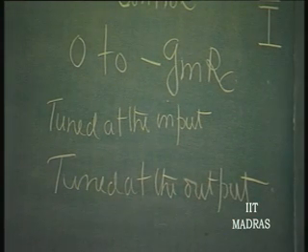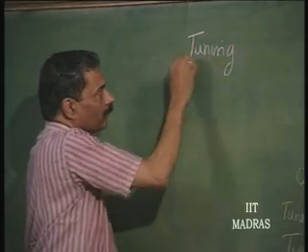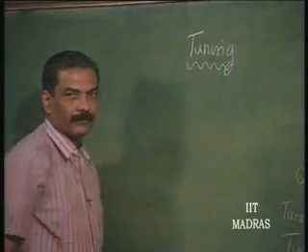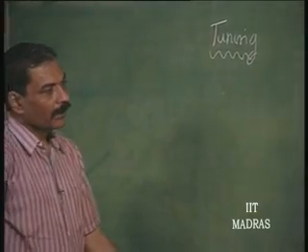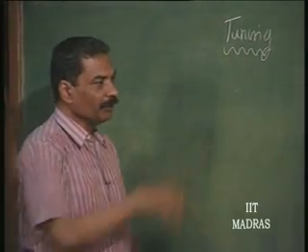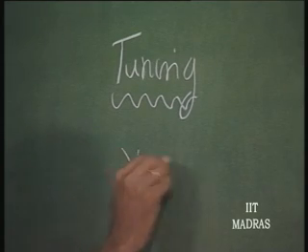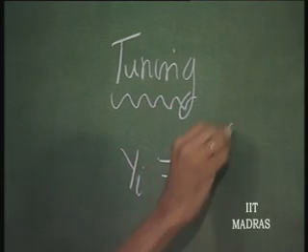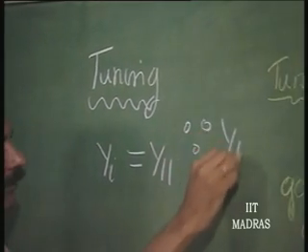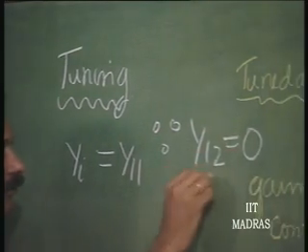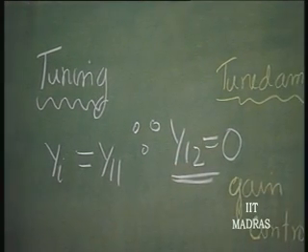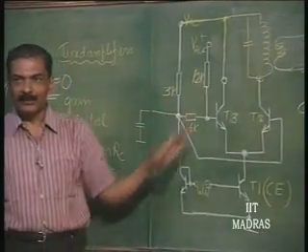Now, let us understand what is meant by tuning. Let us say the input impedance of the cascode structure yi is equal to y11, because y12 is 0. Because y12 is 0, there is no interaction between output tuned circuit and input tuned circuit.